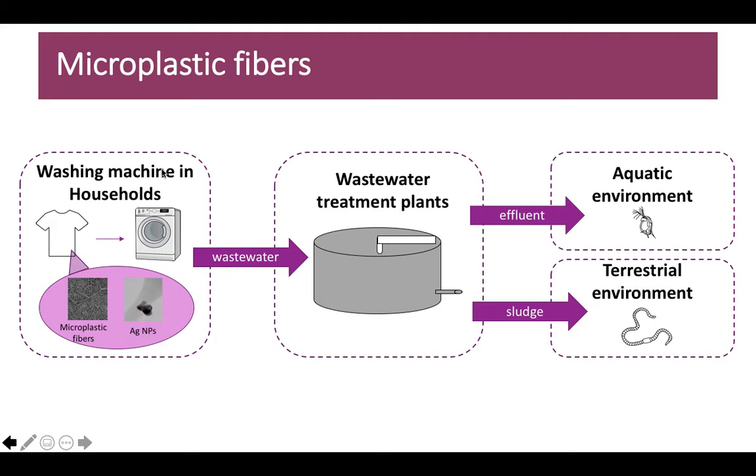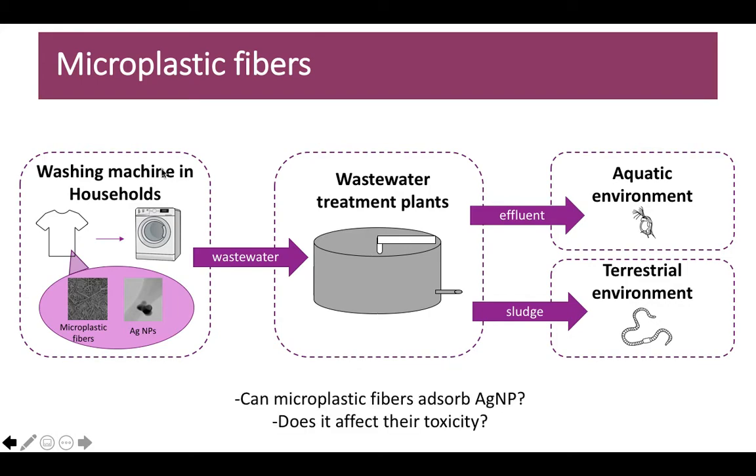In the same way, silver nanoparticles are being incorporated in textiles due to their bactericidal properties, and they will have a similar pathway as the fibers. It raised questions regarding the interaction of these two contaminants. How will the microplastic fibers interact with the nanoparticles? Can they adsorb these particles? Or how will it affect their toxicity?